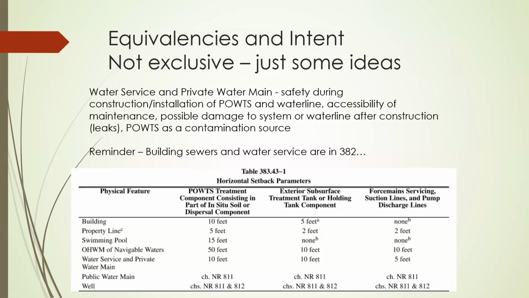Just as a quick reminder, building sewers and water service are in 382. So petitions for that would not be 383. They're 382, but there are some installation techniques in 382, like sleeving pipes and things like that, that could be useful in a petition for variance for a 383 setback. So like a force main or something like that.